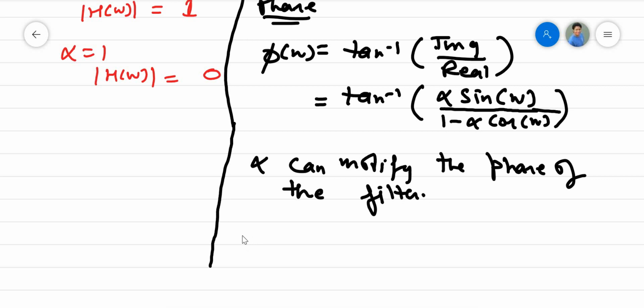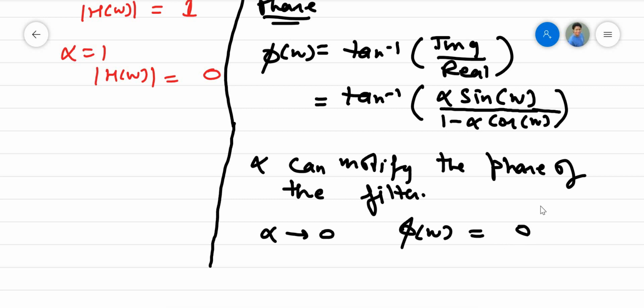As alpha goes to 0, it's 0 by 0, so it's tan inverse 0, so your phase will be equal to 0. That means if alpha goes to 0, then phi of omega will be equal to tan inverse 0, that is equal to 0.